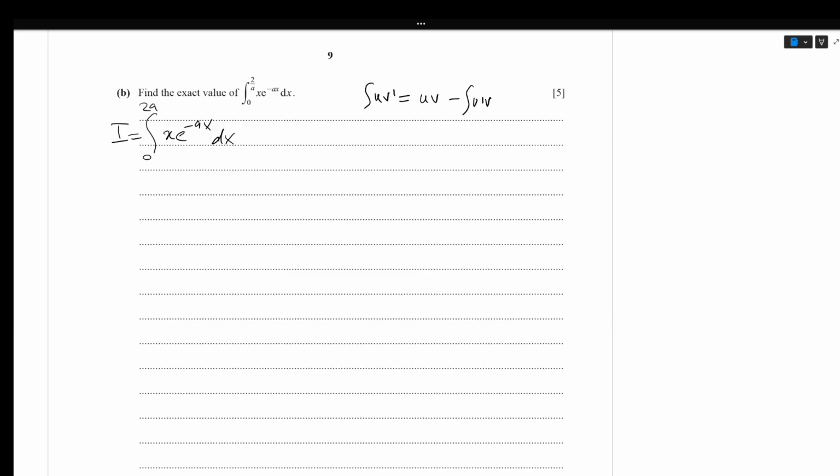Let's call it I. Then u is x, u prime is 1, and v prime is e to the minus ax, and v is e to the minus ax over minus a. The derivative of the power is minus a, so we simply divide by minus a.